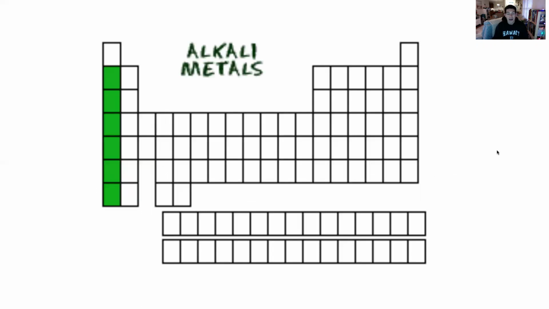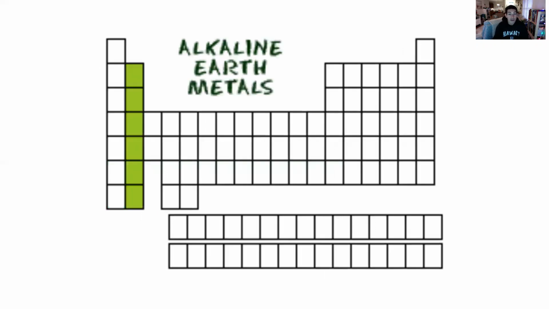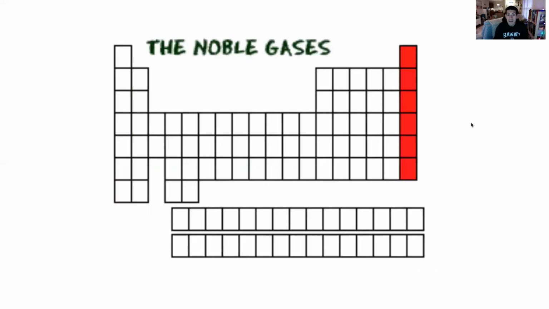Now, a couple of important group names or family names. Group 1 are the alkali metals, very reactive. They explode when they touch water. Group 2 are the alkaline earth metals, also very reactive, although not necessarily exploding when they touch water. Group 18 are the noble gases.